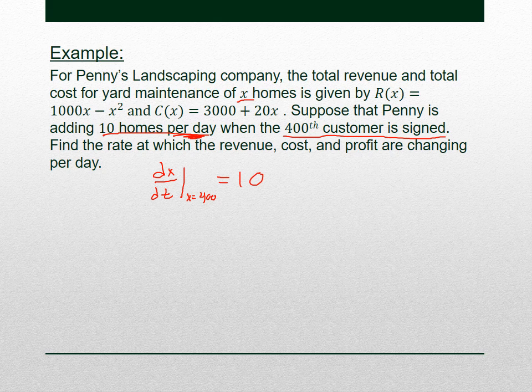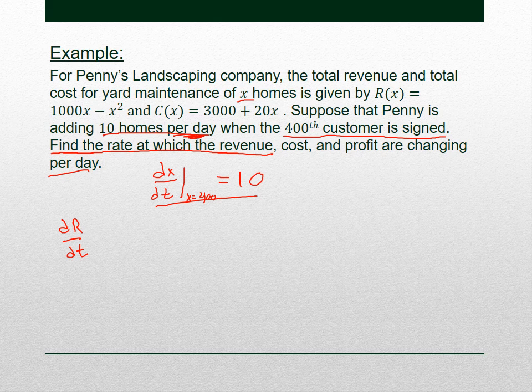And it says, since Penny is adding 10 homes per day, well, that would be changing at 10 homes per day. So this is 10 when the 400th customer is signed, so that says when x is 400. All right, so we know dx/dt is 10. Okay, so that's what that sentence said.